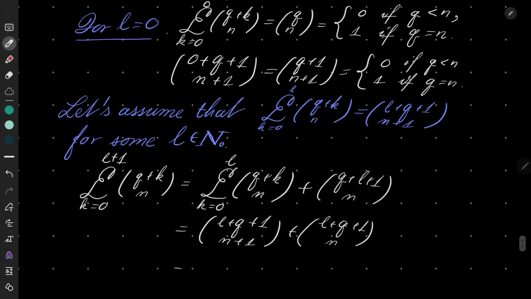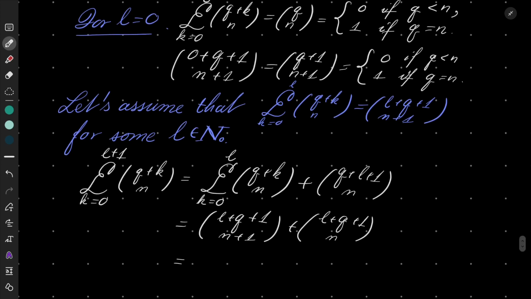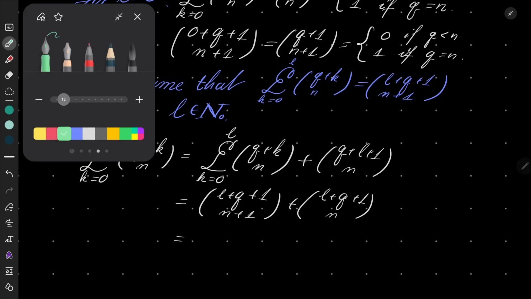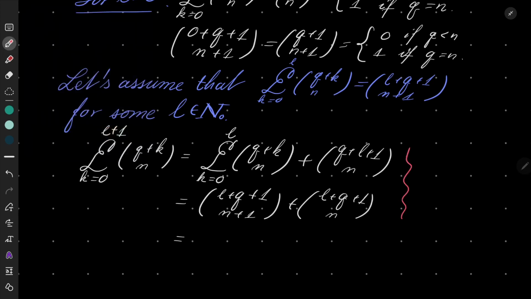And now, by a well-known property of binomial coefficients, which is, to be honest, a definition of the binomial coefficient, we know that something like that is true. Namely, n plus 1 choose k plus 1 is always equal to n choose k plus 1 plus n choose k.